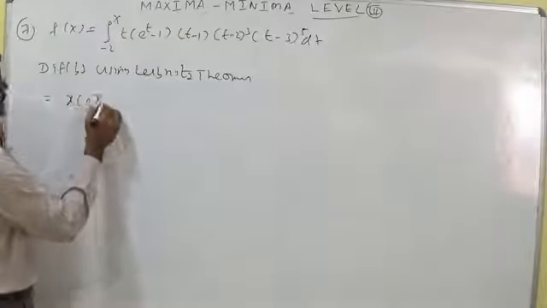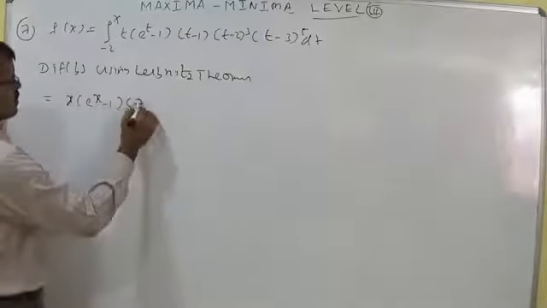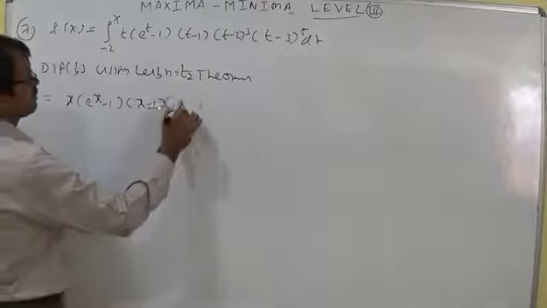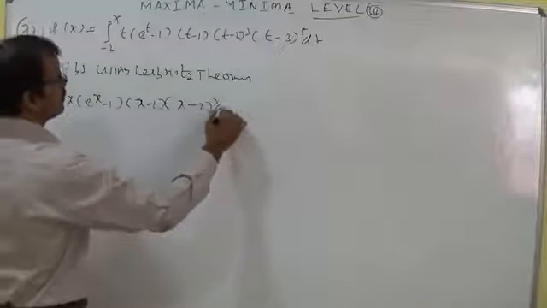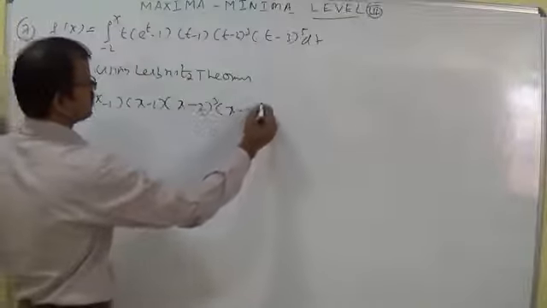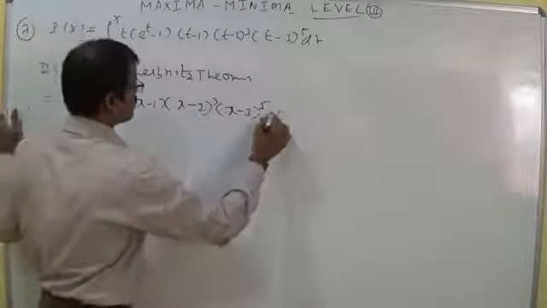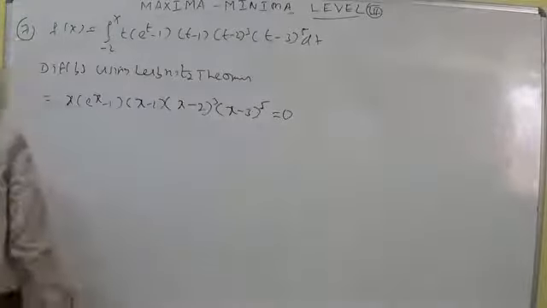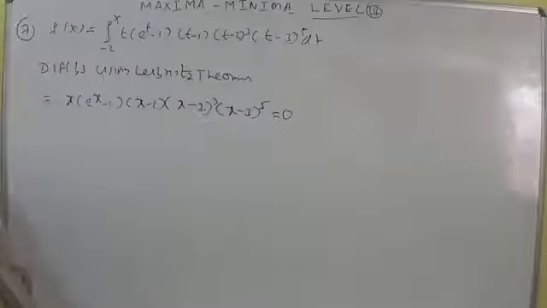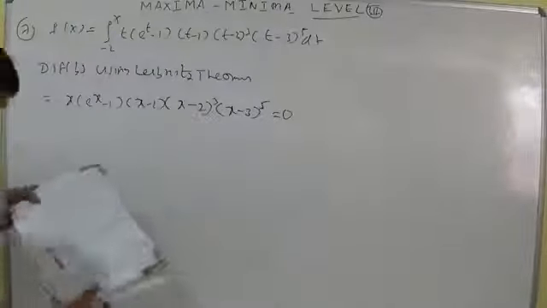So x into e power x minus 1 into x minus 1 into x minus 2 whole cube into x minus 3 whole power 5, that's all. You can put this equal to 0, because whenever you are calculating min or max, f dash x is equal to 0, you should do.